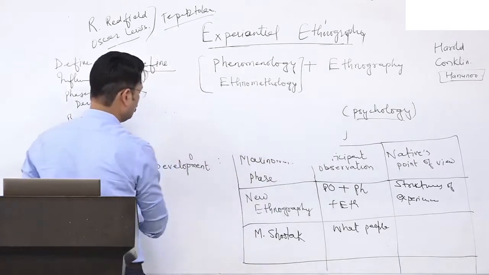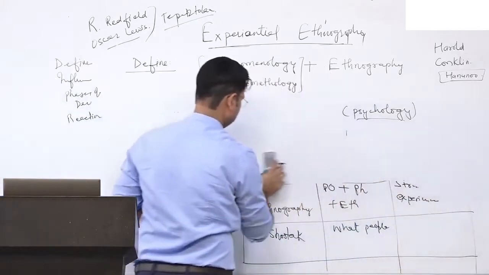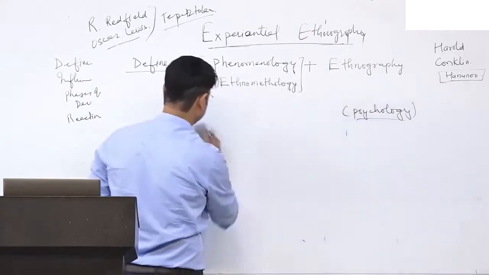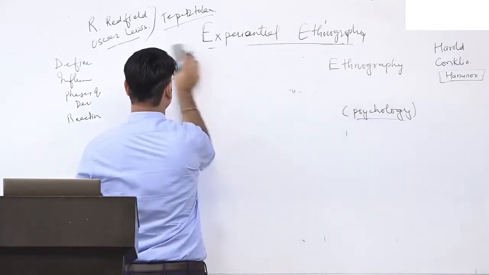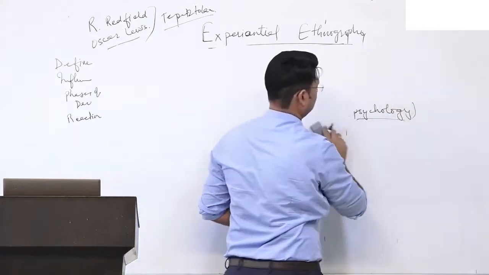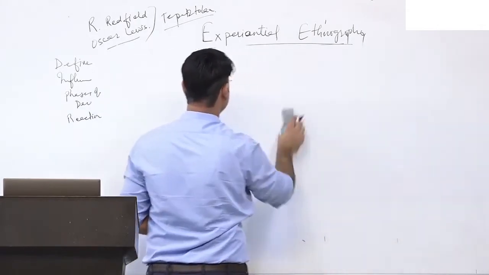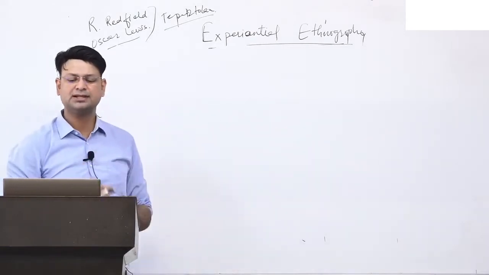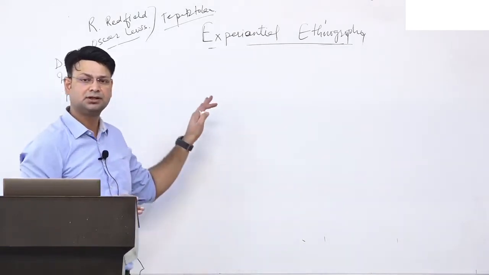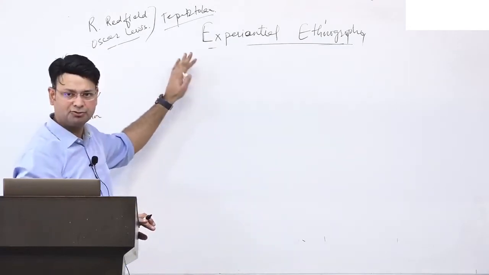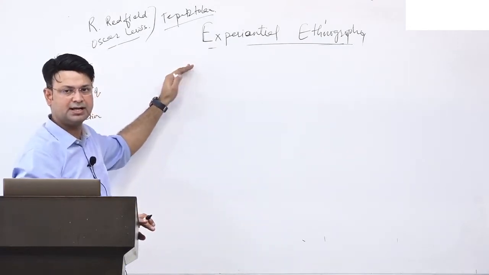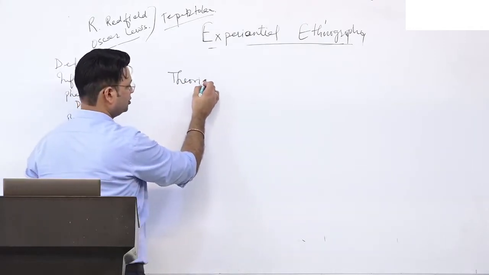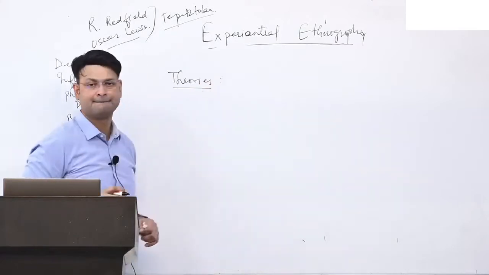Finally, we can go to where this experiential ethnography is used in anthropology. So we can start with the development of this approach in anthropological theories. Through theories we are looking at which theories use this.